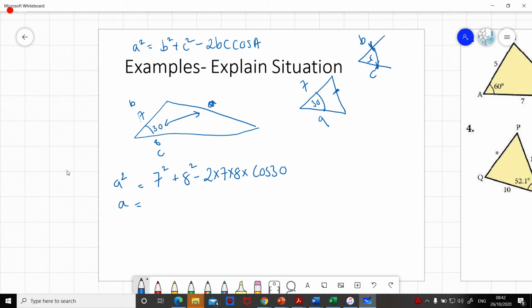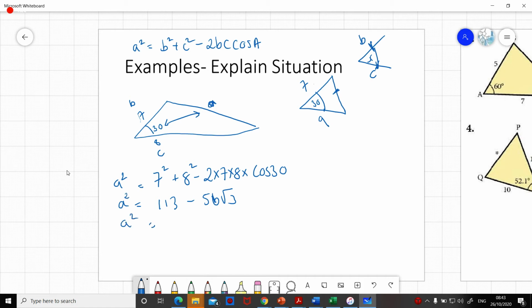So we get a calculator. I tend to do this portion first. 7 squared plus 8 squared gives 113. Then I do 2 times 7 times 8 times cos of 30 separately, which gives me 56 root 3. I haven't rounded it.